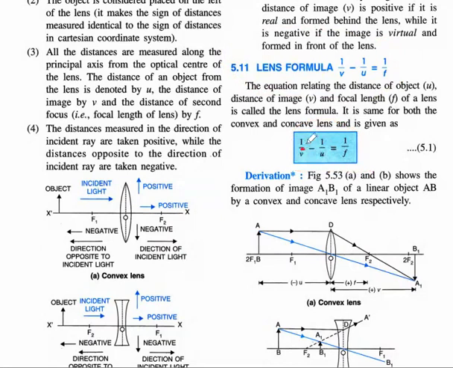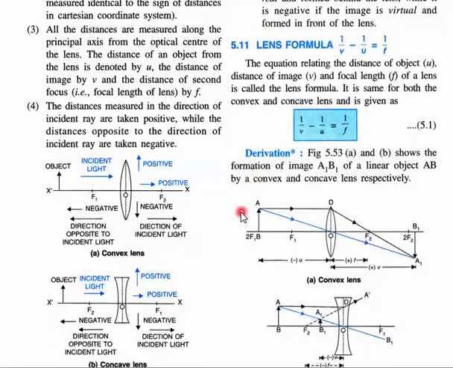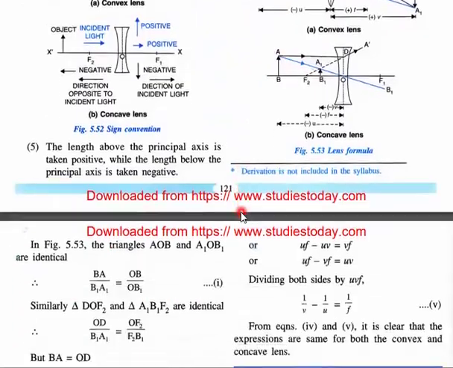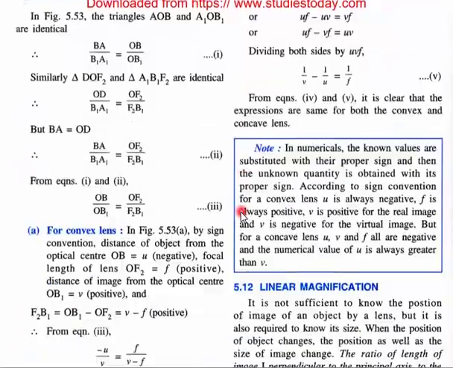The formula is 1 by v, that is 1 by image distance, minus 1 by u, that is 1 by object distance, equals 1 by f, that is 1 by focal length. They have given it over here. Nice. Distance of the object, distance of the image, focal length.